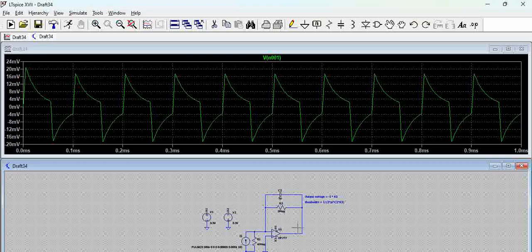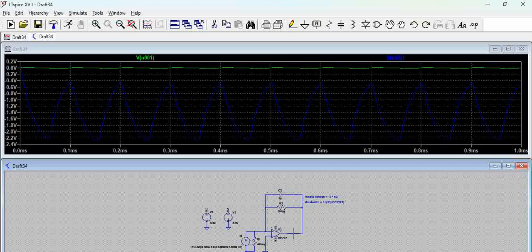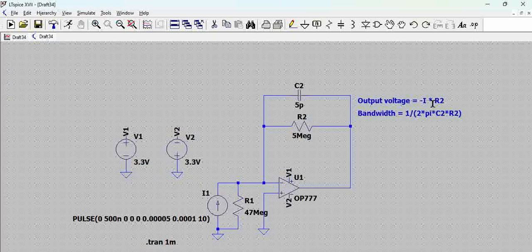And then once you click on the output, you see the output has gone up to minus 2.5. So if you go back, the output is calculated using minus I into R2, right? I is nothing but the input current, and R2 is the feedback resistor. So if you combine, we have 500 nanoamps of current here, that means 0.5 microamps, and if you multiply by 5 meg, that gives 2.5 volts.